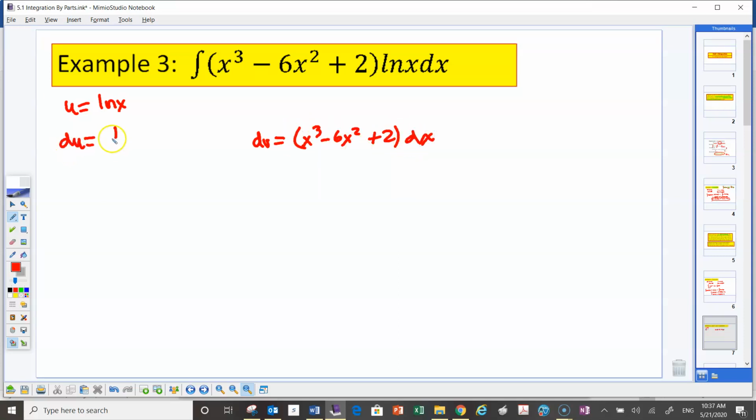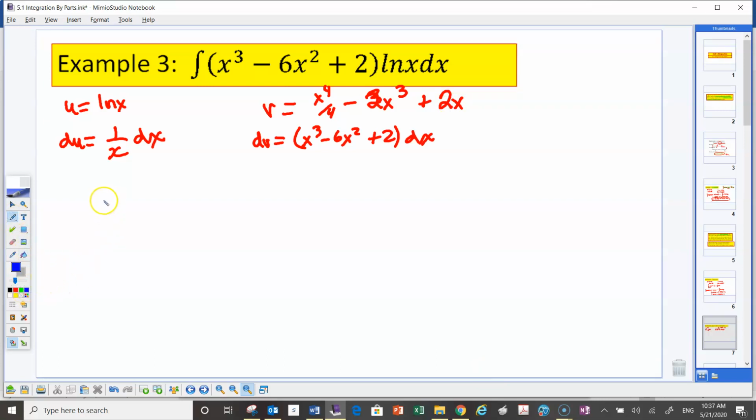So du is going to be 1 over x dx. And v, I have to integrate this, would be x to the 4 over 4 minus 2x cubed plus 2x. So now I'm going to substitute all of this into the formula.